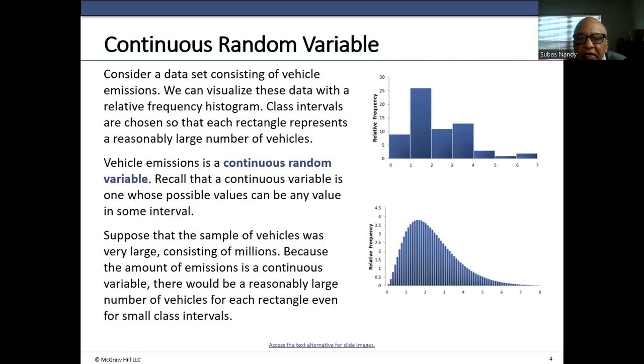The heights of the rectangles indicate the relative frequency or proportion of the samples which are between 0 to 1, for example. Similarly, the height of the second rectangle represents the relative frequency or the proportion of the entire sample or population that is between 1 and 2.